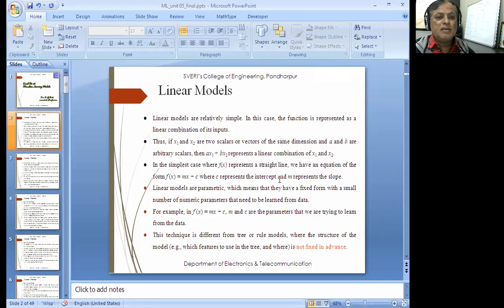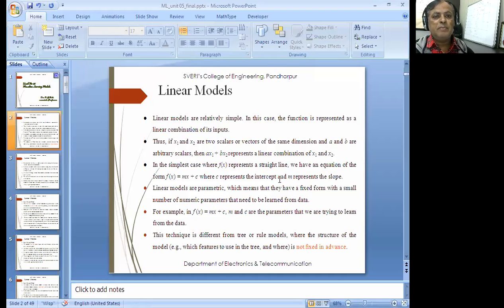Linear models are relatively simple if the function is represented by the linear combination of its input. Obviously the inputs we are going to consider are built up within linear combinations. For example, if x1 and x2 are two scalars, or vectors having the same dimensions, and a and b are arbitrary scalars, then the linear combination of x1 and x2 will become ax1 plus bx2.